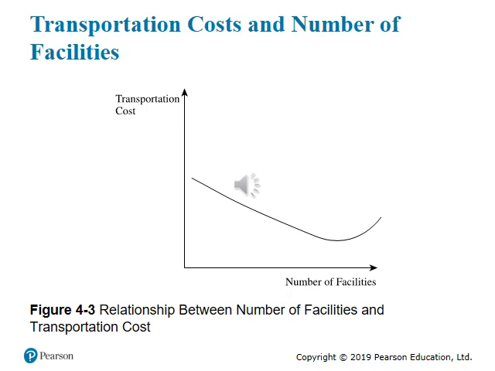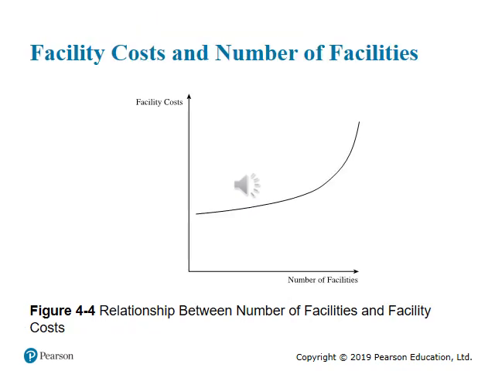Okay, so this slide is about the relationship between number of facilities and facility cost. Of course, it's very logical that if you have more facilities, it means that you have more facility costs or more cost related to facilities. Less facilities, less cost related to facilities because for each facility you need to have running costs.